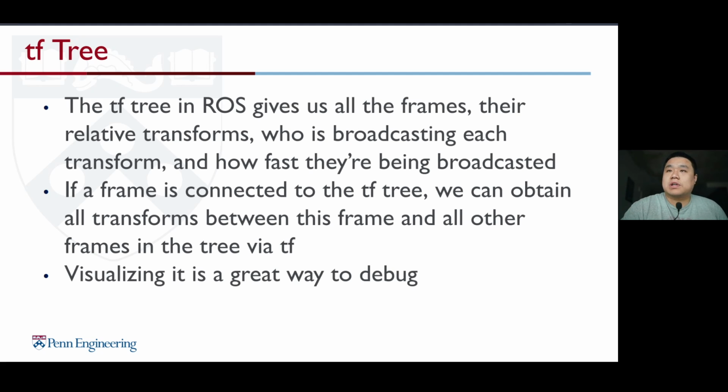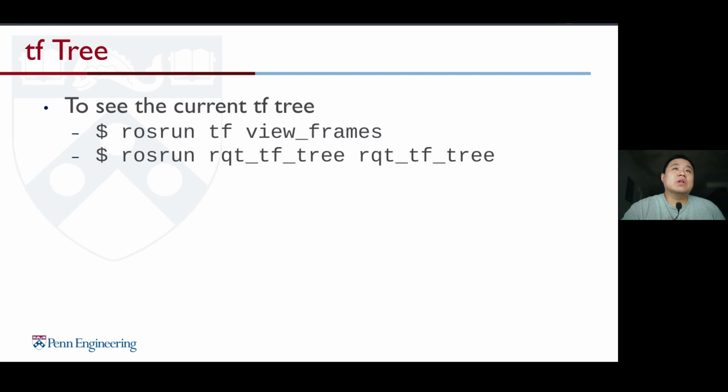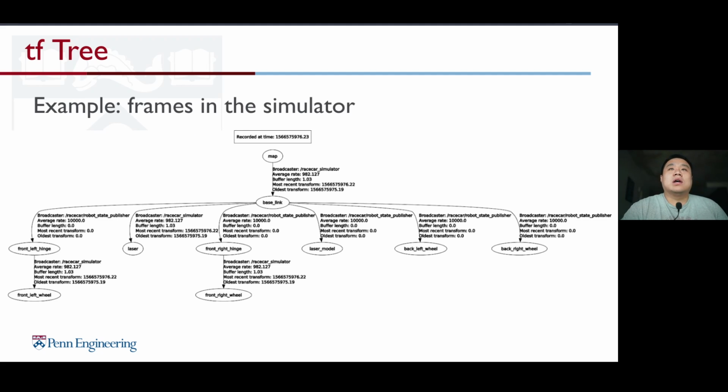Sometimes you'll have frame related issues where the transformations are just not working. To debug, as I've pointed out here, you can see the current TF tree and see if a frame is detached from the tree, or the wrong node is broadcasting the transform, or the transform itself is just wrong.